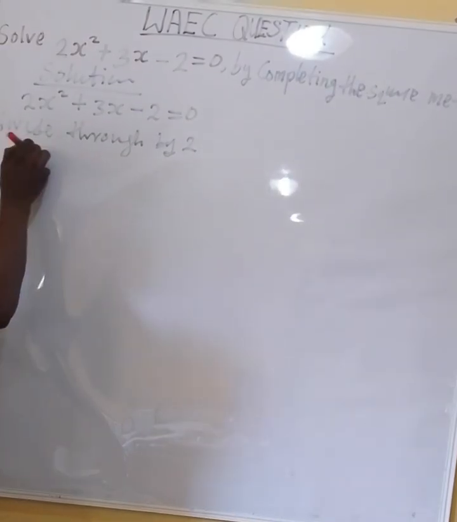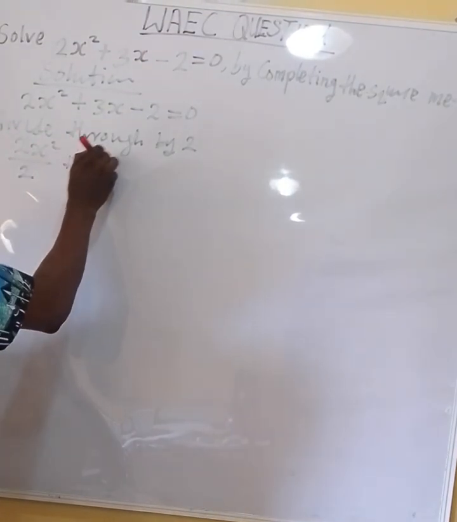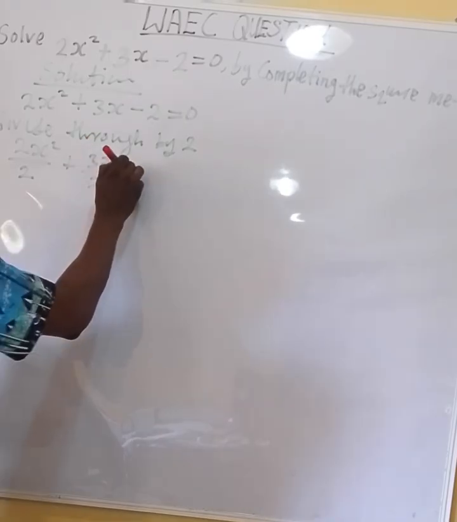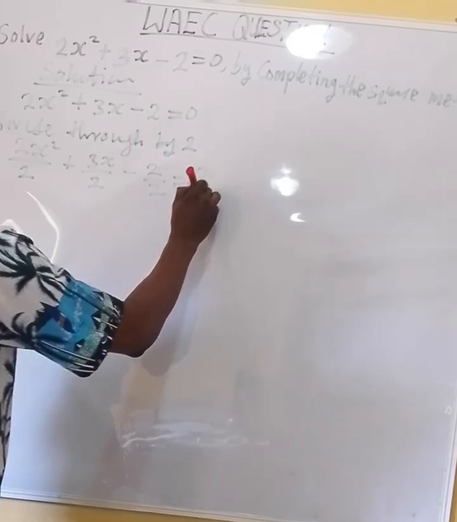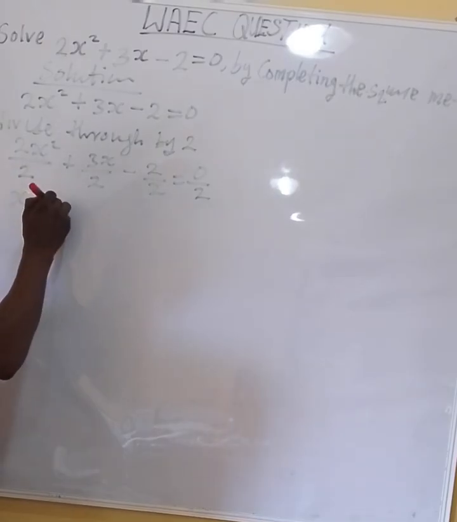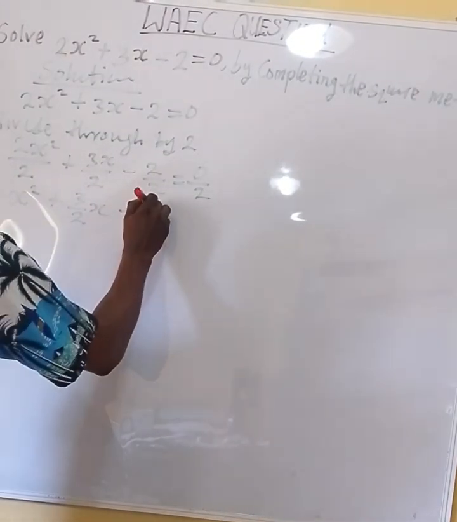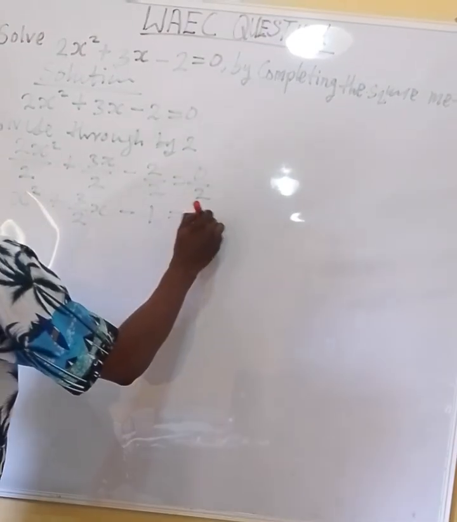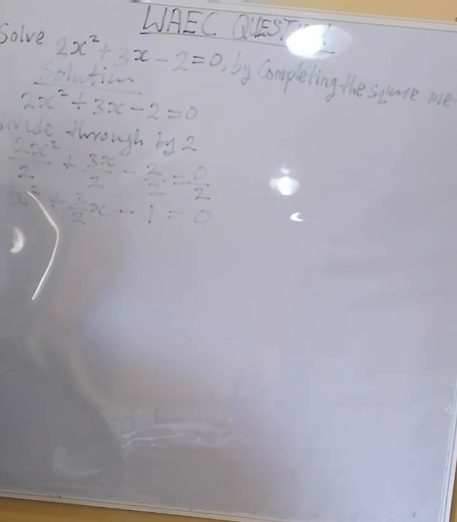It will give us 2x squared over 2 plus 3x over 2 minus 2 over 2 equals 0 over 2. So 2 cancels 2, we have x squared plus 3 over 2 x minus 1 equals 0. So that's the first step under the completing the square method.